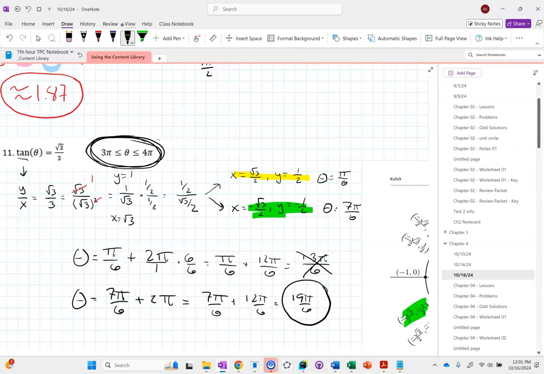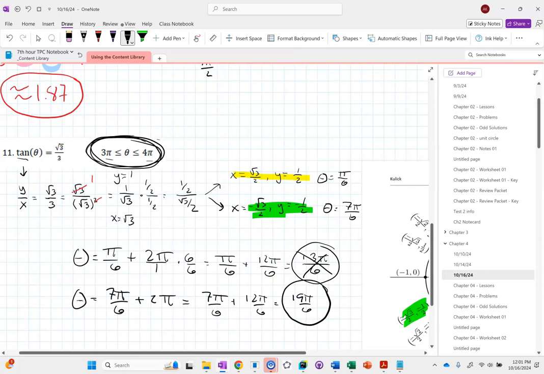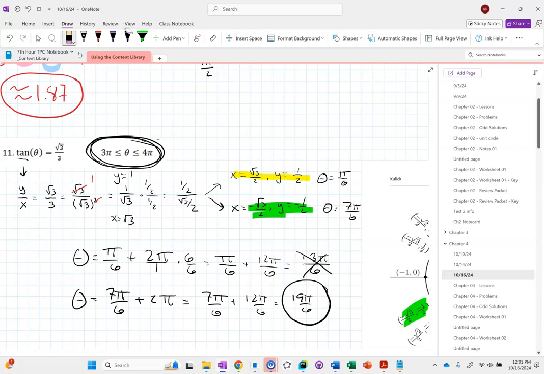The check would be just saying, is this result in between 3 pi and 4 pi? Yes. That is the only thing you can use to find a coterminal angle. Well, unless it's in degrees, then it's 360, but it's the same angle, right? It's always going to be 2 pi.